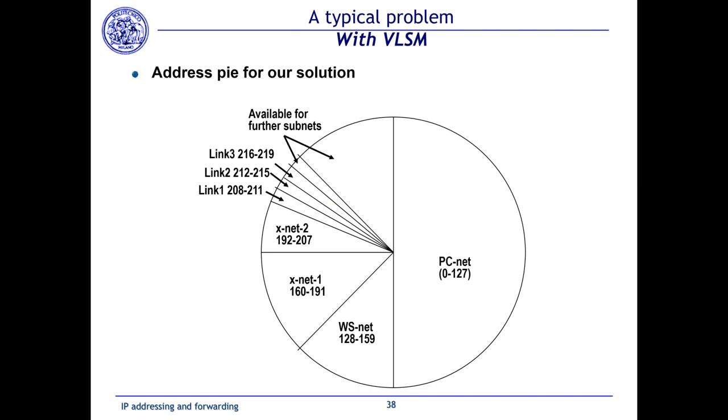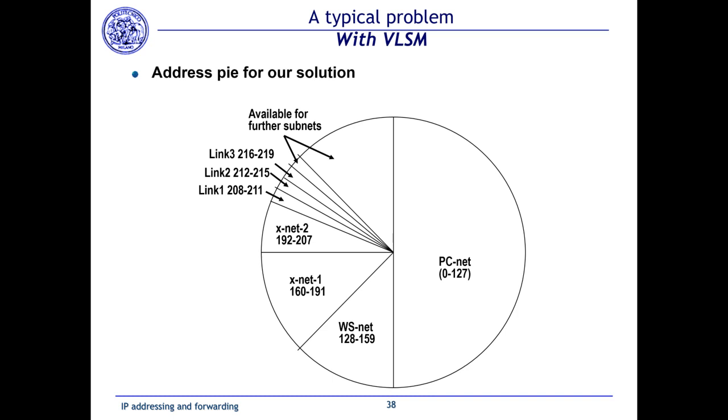And this is the pie chart. It is always very useful when you do subnetting, because you can visualize the size of the different networks that have been created. So the whole pie represents the overall network, the class C network. And each time you add 1 bit to the net mask, you are splitting the pie into parts, or you're splitting a sector into parts.